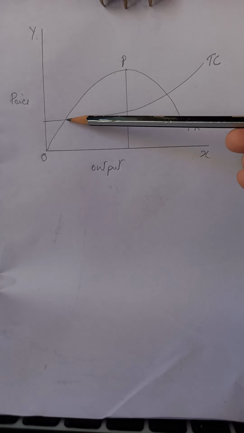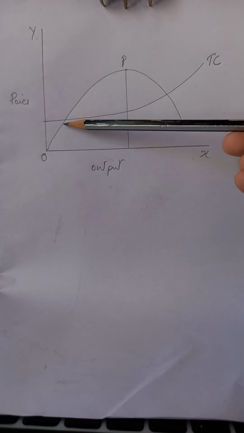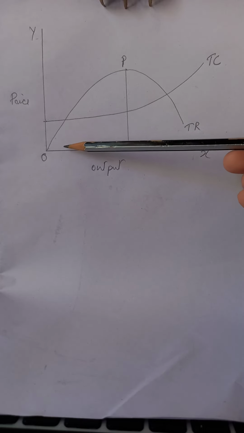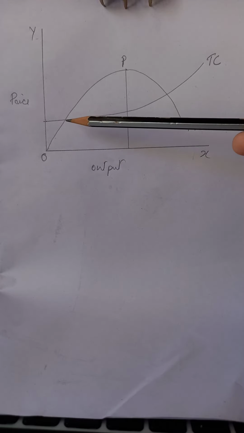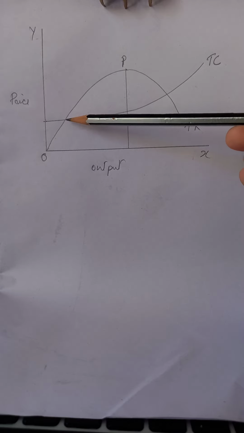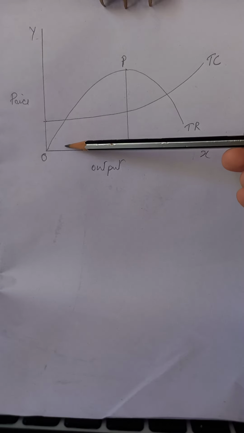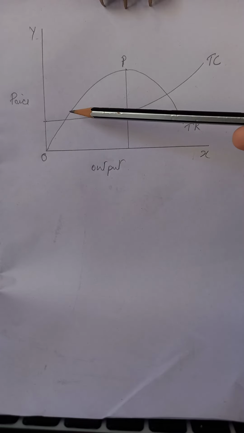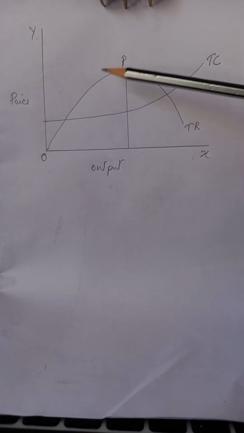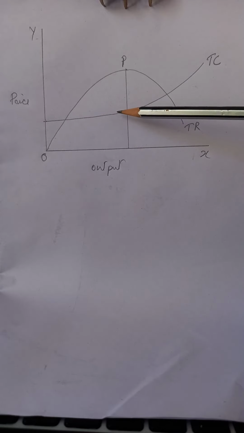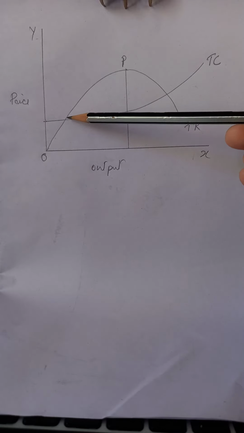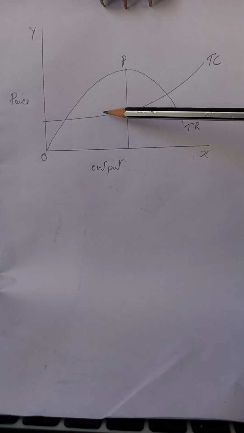Beyond this very point, beyond this level of output, I won't draw anything, it might just confuse you. You just picture it in your head. Beyond this level, if a monopolist keeps on producing, his TR is above his TC curve, which means beyond this point, if he keeps on producing, he will start to maximize profit.